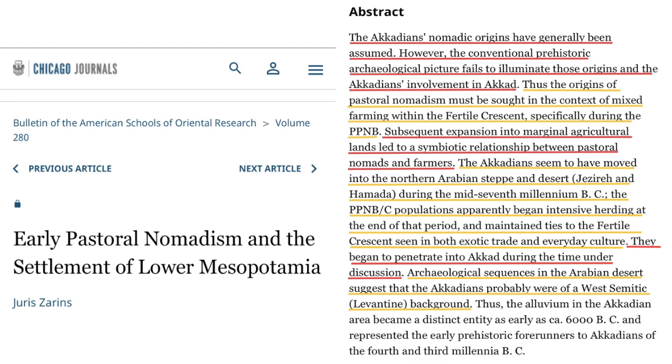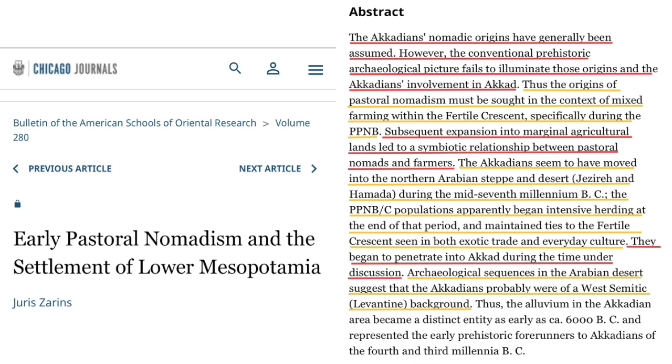Thus, the origins of pastoral nomadicism must be sought in the context of mixed farming within the Fertile Crescent, especially during the PPNB. The Akkadians seem to have moved into the northern Arabian steppe and desert during the mid-7th millennium BC, the PPNC/PPNB populations apparently began intensive herding at the end of that period and maintained ties to the Fertile Crescent, seen in both exotic trade and everyday culture.